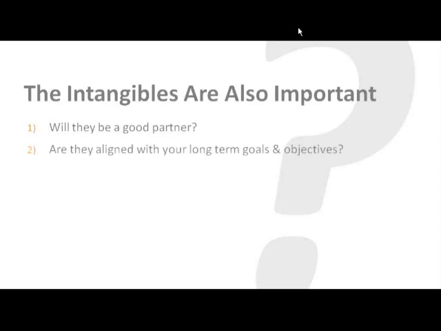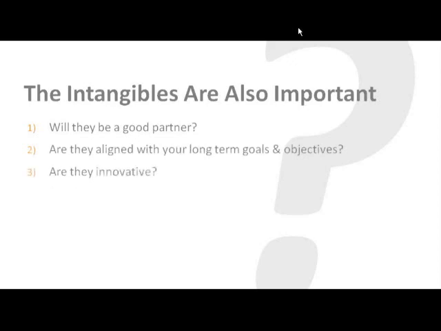You want to know whether they're going to be aligned with your long-term goals and objectives, or whether you're going to have to fight to get enhancements, to get changes, to maintain the philosophy that you want to have.